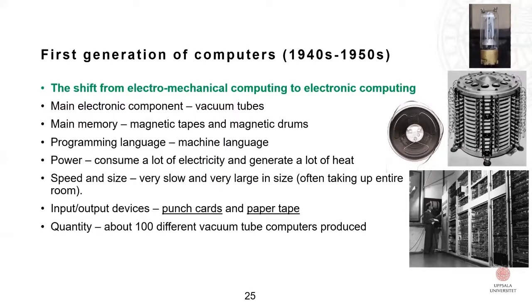And for input-output devices, they had punch cards and paper tape. So there weren't any monitors and keyboards back then. There is a huge journey to go from punch cards to monitors and keyboards that we have today. And in the first generation, there were only about 100 different computers produced.